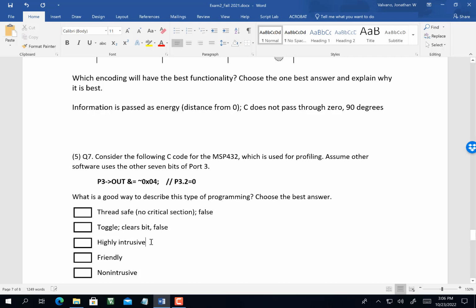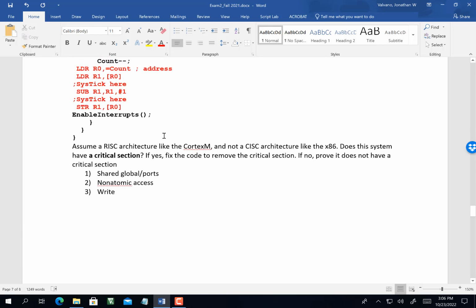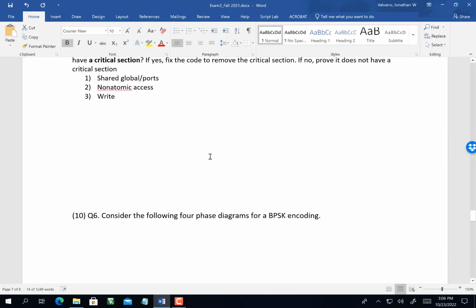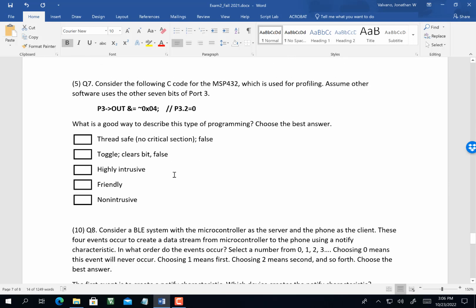This is not intrusive. Okay, so as a debugging instrument, you go back up here and look at this code. You will see that it takes essentially 4 instructions to do this kind of operation. And at 48 megahertz, that's about 25 nanoseconds per cycle.